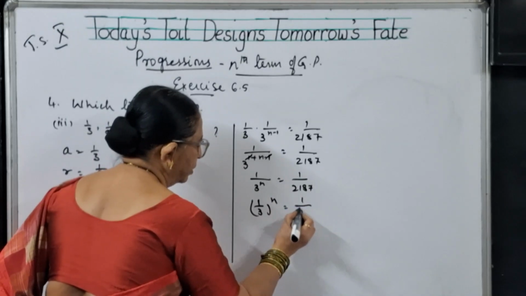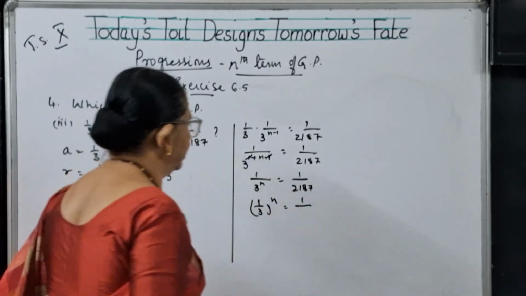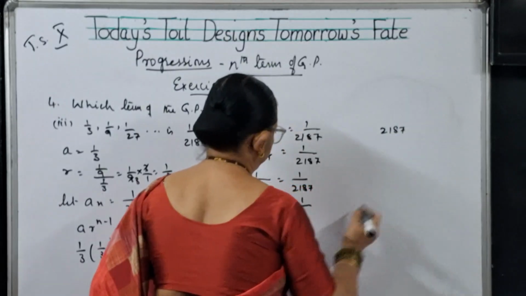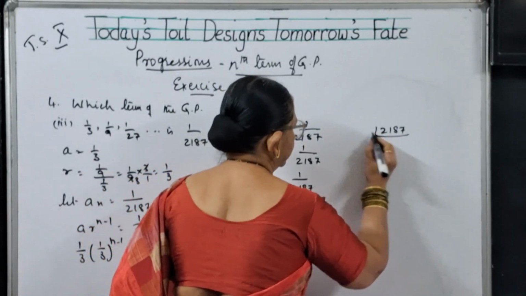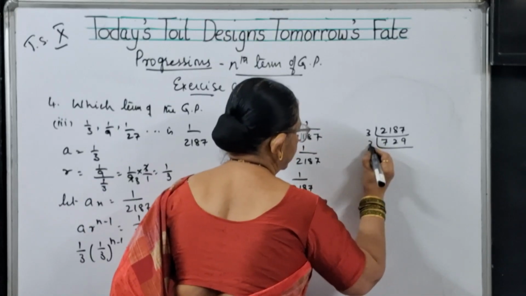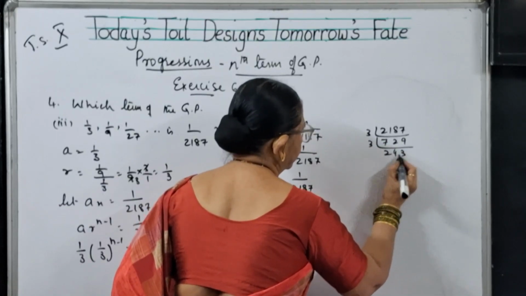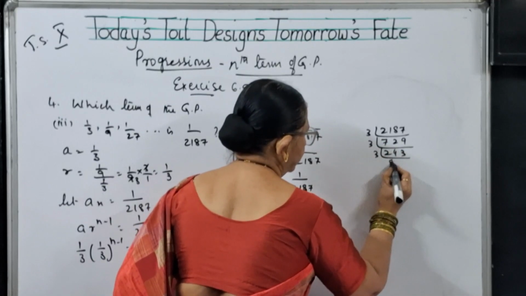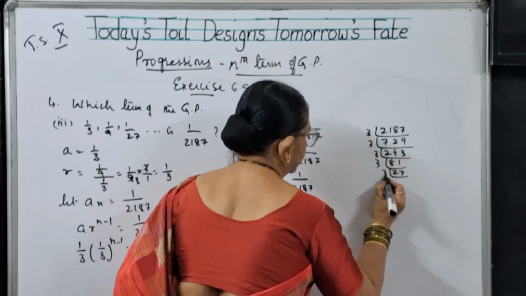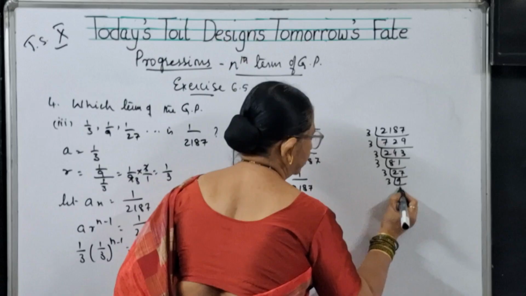This is equal to 1 by 2187. It should be done with 3. 3 sevens are 21, 3 twos are 6, 3 nines are 27, 3 twos are 6, 3 fours are 12, 3 threes are 9, 3 eights are 24, 3 ones are 3, 3 twos are 6, 3 sevens are 21, 3 nines are 27, 3 threes are 9.